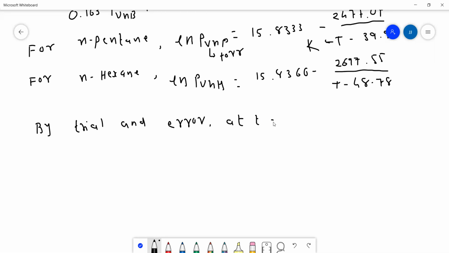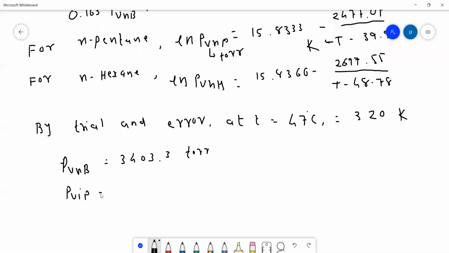At T equal to 47 degrees centigrade, that is 320 Kelvin, if you substitute 320 Kelvin here, you will get the vapor pressure of n-butane equal to 3403.3 torr, and the vapor pressure of isopentane equal to 1399.95 torr.